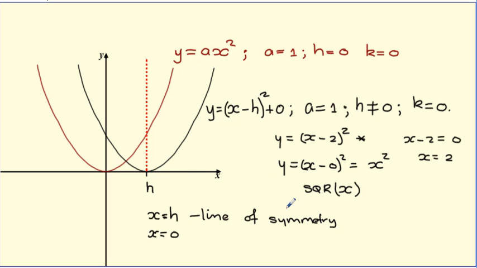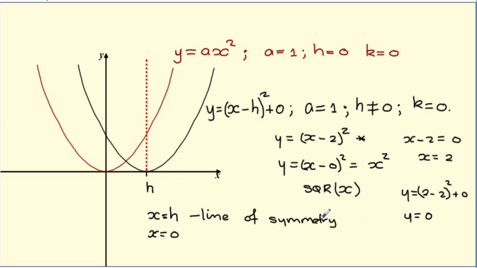Now if we were to calculate the k coordinate here, we would be calculating the value of y. So when x is equal to 2, y will be equal to (2 minus 2) all squared plus 0. We get 0 here, so y is equal to 0 plus 0, which is 0.